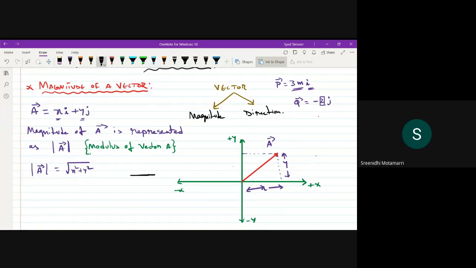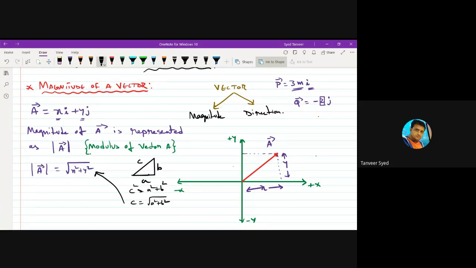If this is side a and this is side b, then the hypotenuse c is such that c square is equal to a square plus b square, or c is equal to the root of this. I am using the same thing here.